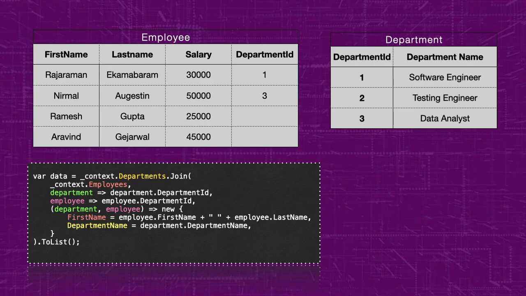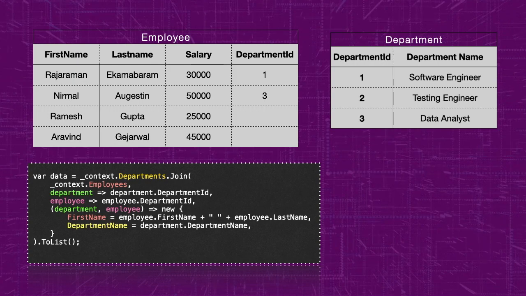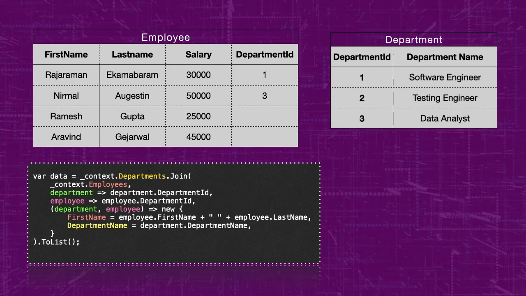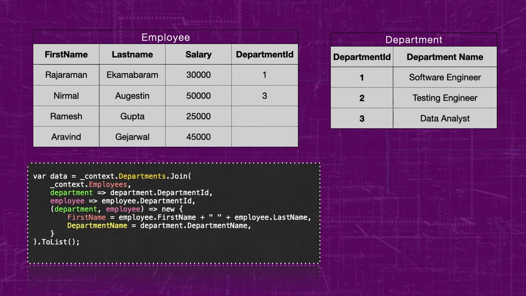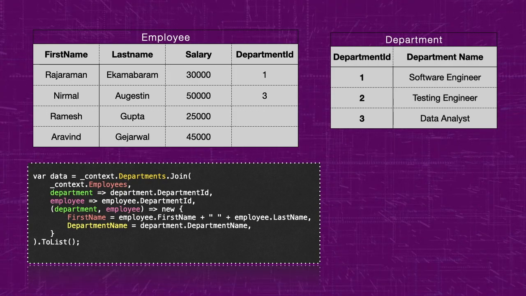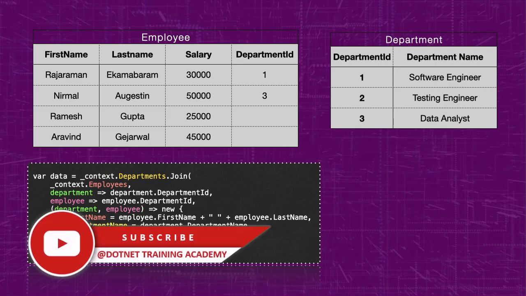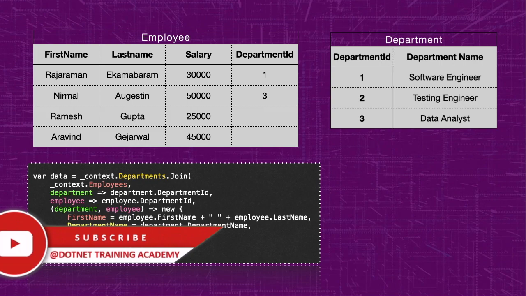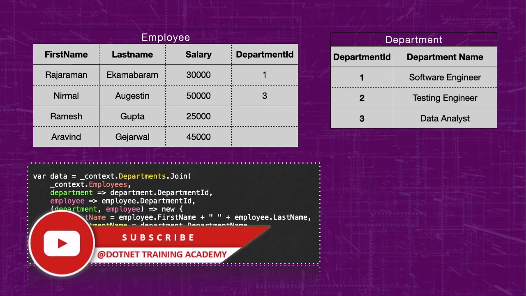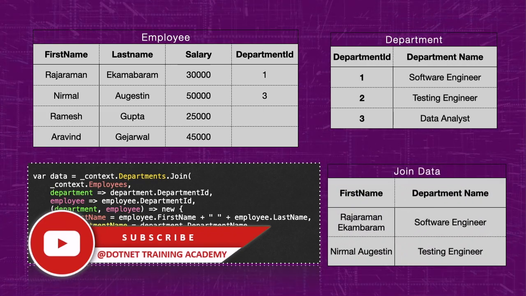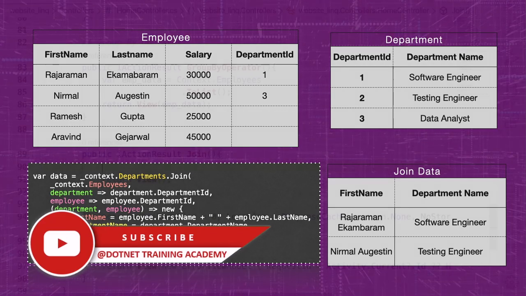So we create lambda expressions, department and employee, with department.departmentID as well as employee.departmentID. Next we select the data that we want to fetch: the employee's first name, last name, and the department name. The output will be the joined data of first name and last name for those two rows, because only two rows have department IDs.